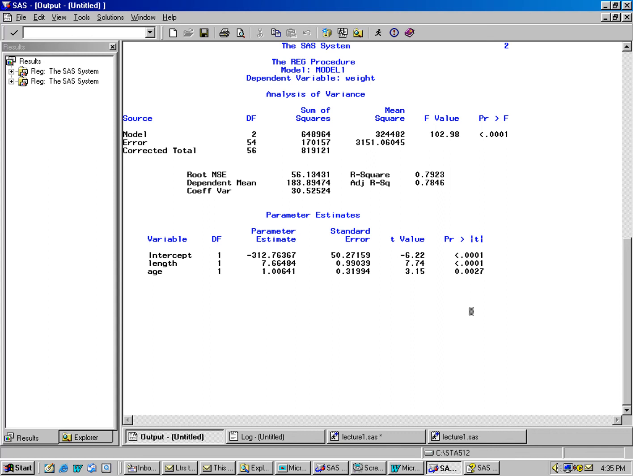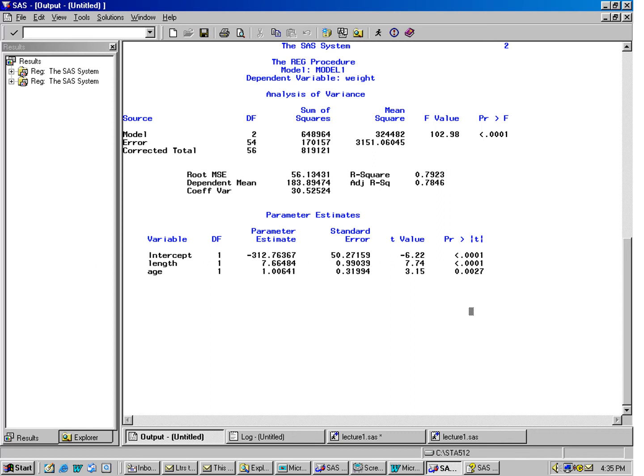Right, there are the sums of squares. All right, 648,964, so like 650,000. Looks like SSY is 820,000. 650,000 over 820,000 looks to be about 79%, right?